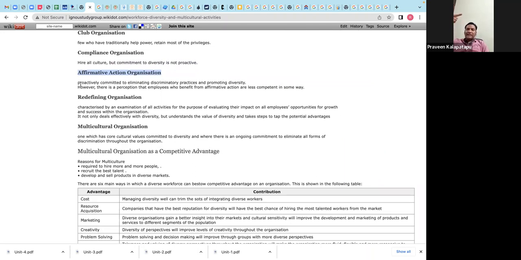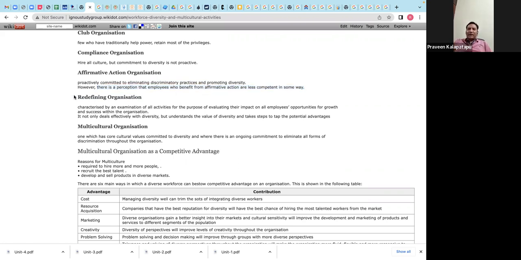You do certain actions to make sure that you are promoting diversity. But here you might give promotion to less qualified staff because you want to promote diversity in the upper staff. So affirmative action means you are acting deliberately, but there is an impression that this organization might have less competent staff, just to accommodate the diversity aspect.